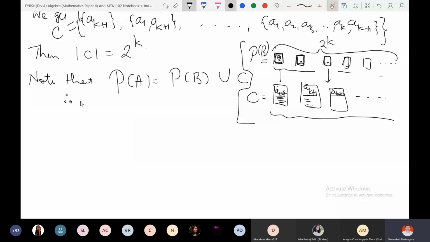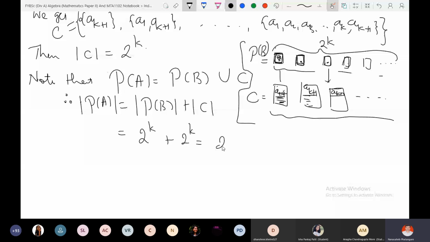Therefore, what is the cardinality of the power set of A? It is the cardinality of the power set of B plus the cardinality of C. But how many elements are in the power set of B? 2 raised to k. How many elements are in C? 2 raised to k. It is 2 times 2 raised to k, so the total is 2 raised to k plus 1.